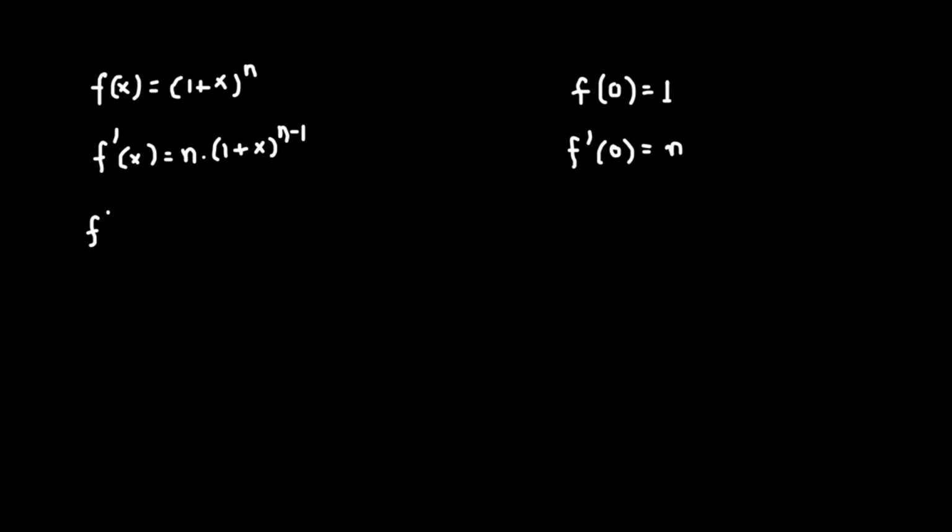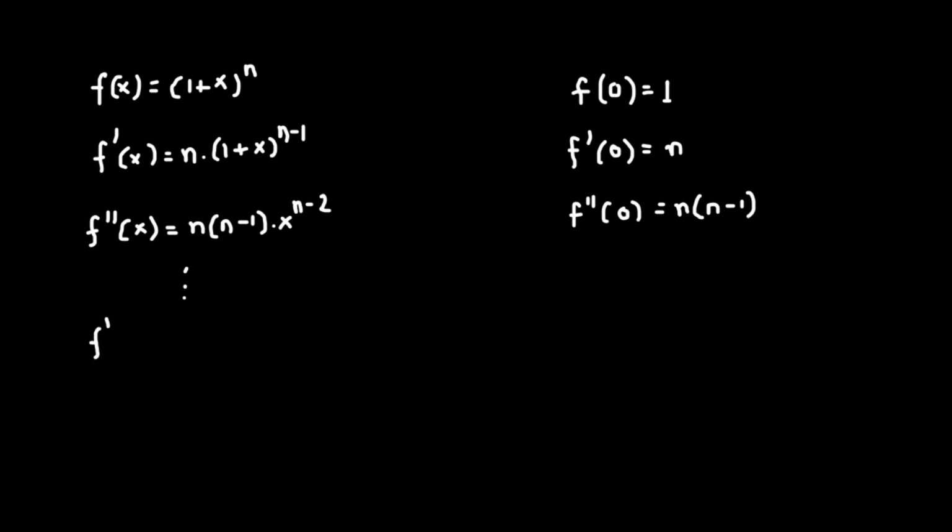Then we find the second derivative. The second derivative will be equal to n times n minus 1 times (1 plus x) raised to the power of n minus 2, such that the second derivative calculated at x equals 0 would be simply n times n minus 1. So we continue, and we reach the rth derivative of the function f(x).